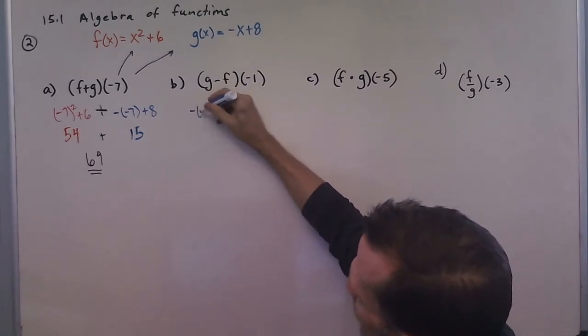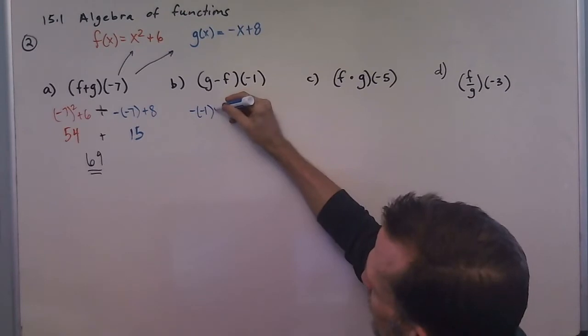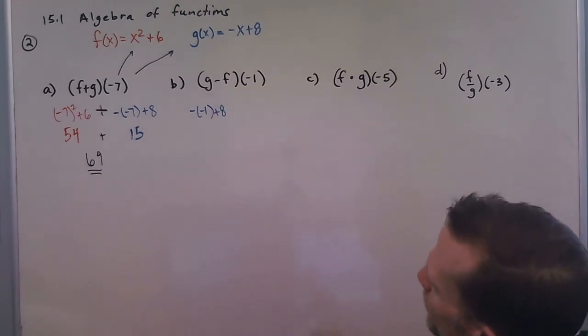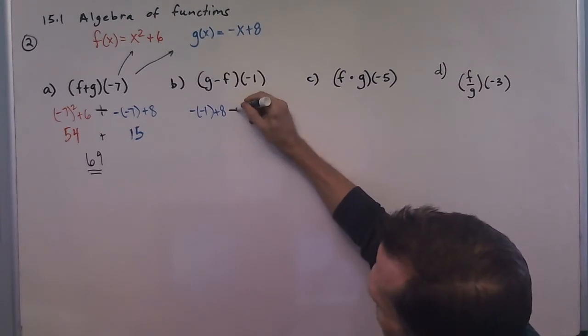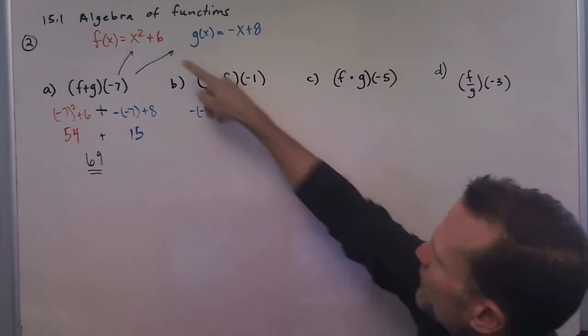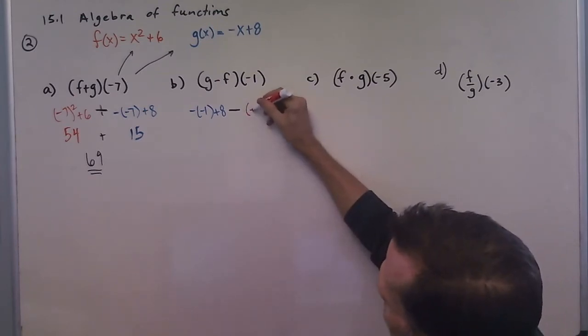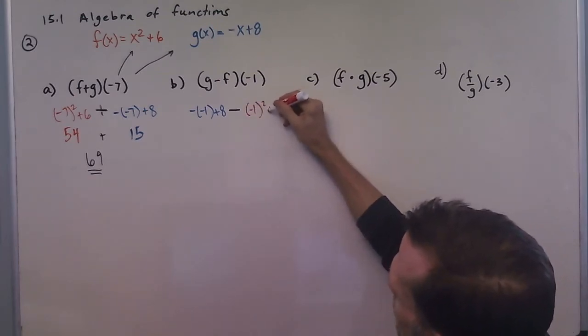We have -1 plus 8. Then we have our minus sign from the instructions here. And then we want to put -1 into the f function, which we have -1 squared plus 6.